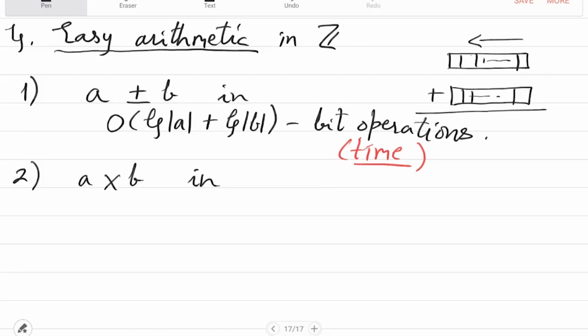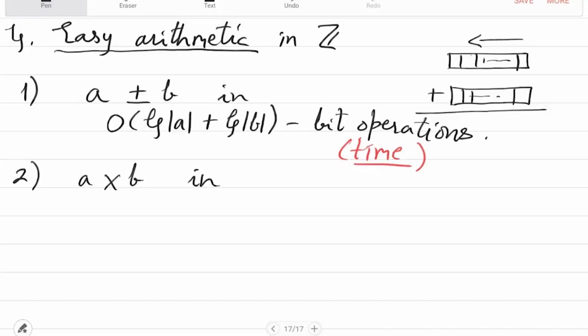Multiplication. So the same school algorithm, when you do it for multiplication, you have to do it for each of the bits of B. Yes, so for each bit of B, you have to scan A, right? So it will be log B times log A, and we'll call it time.